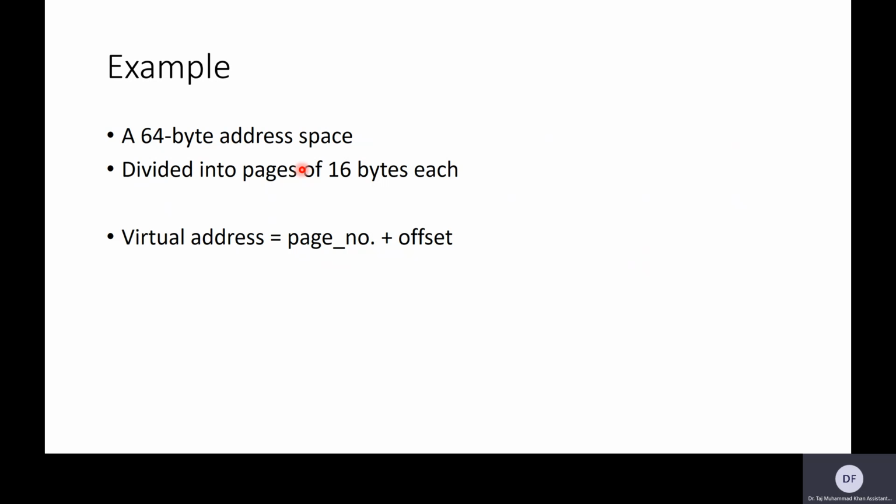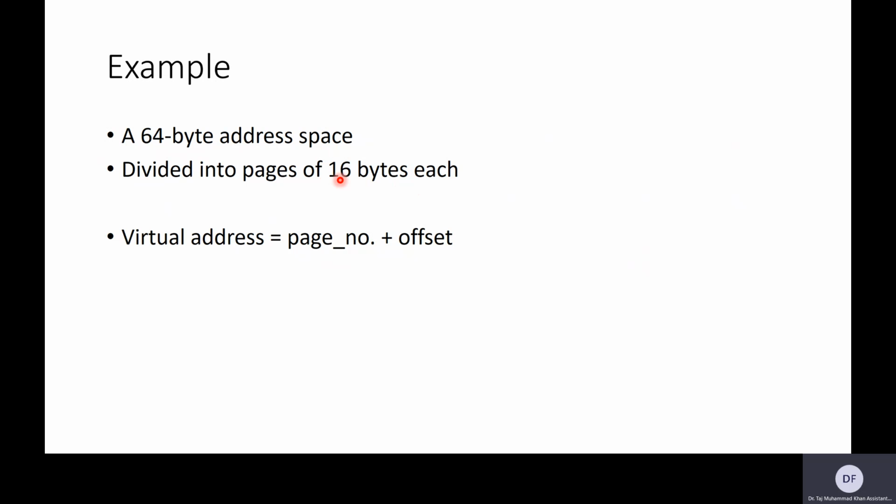We divide this address space of 64 bytes into pages of equal size. The size of each page will be 16 bytes. So if we divide this address space into pages of 16 bytes each, we'll see that this 64 byte address space can be divided into 4 pages of 16 bytes each.